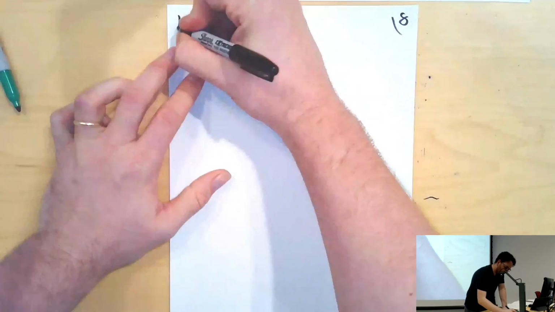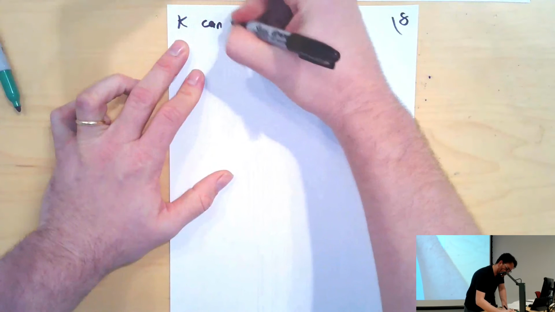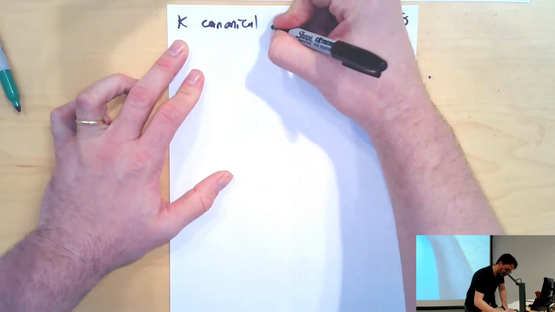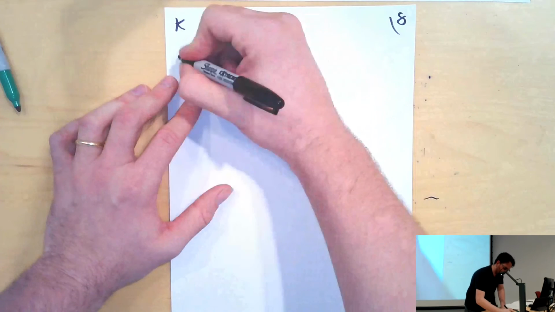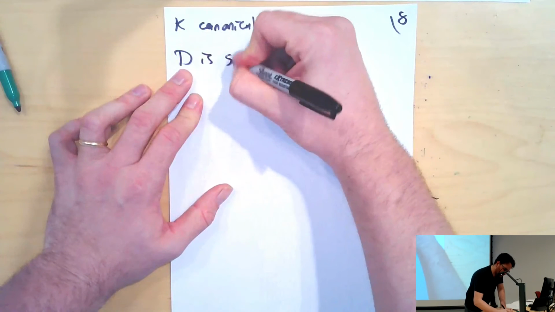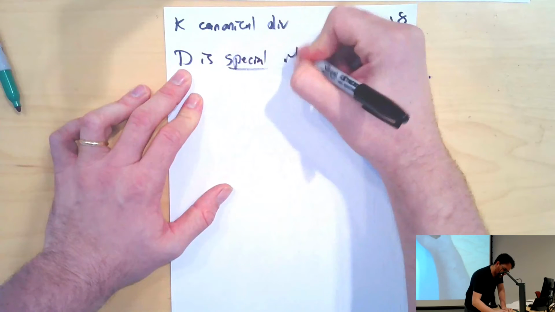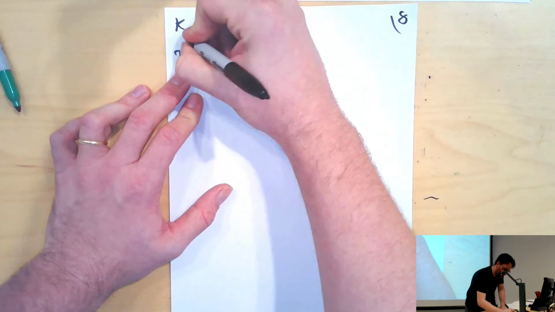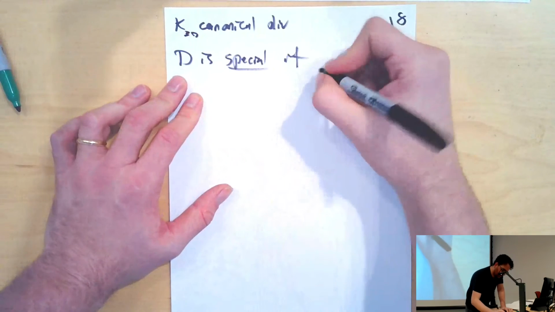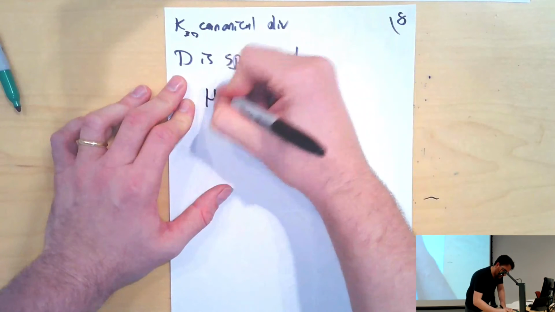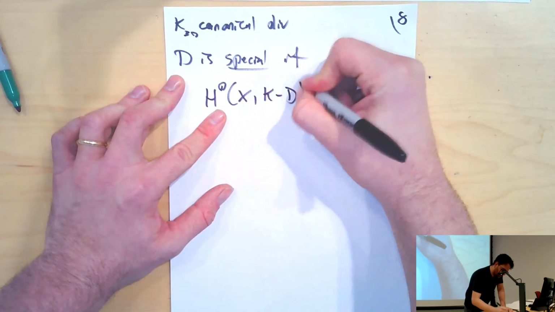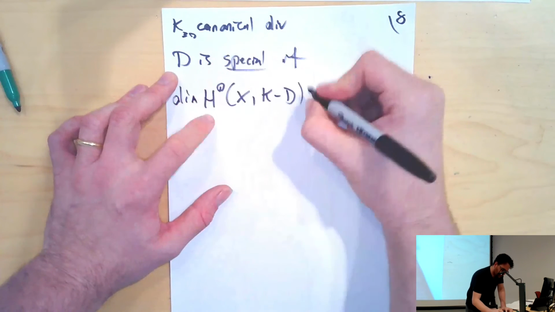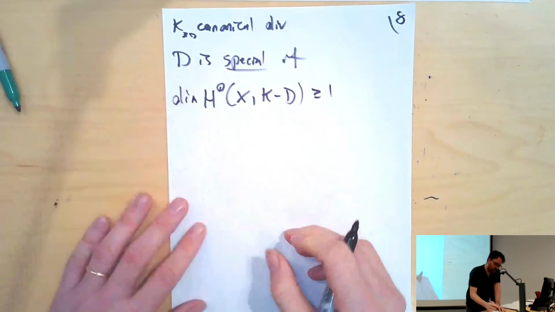So if K is a canonical divisor, then, okay, well, the definition is D is special. Maybe I want effective here, so greater than or equal to 0. Special if, well, the quick way is the dimension of this is at least 1.